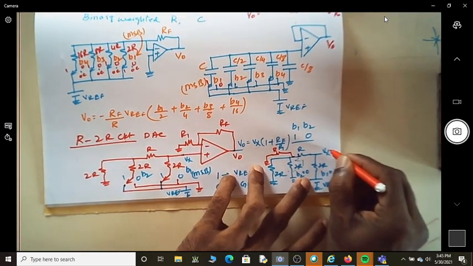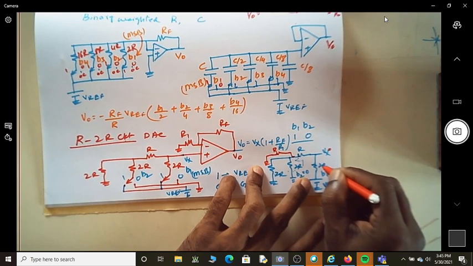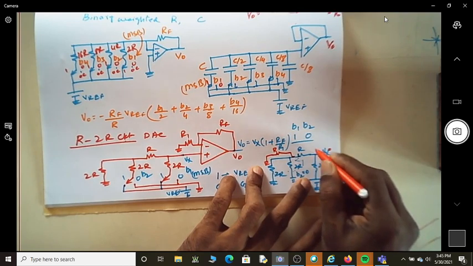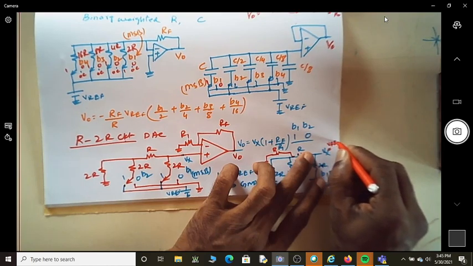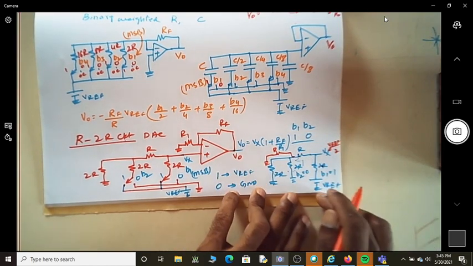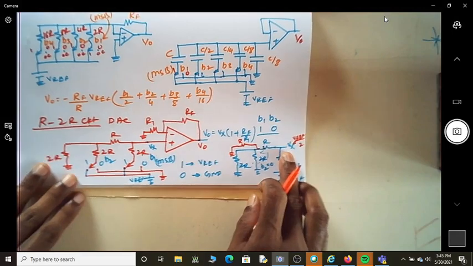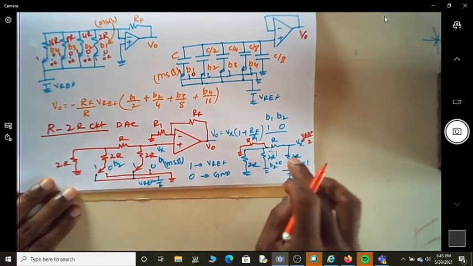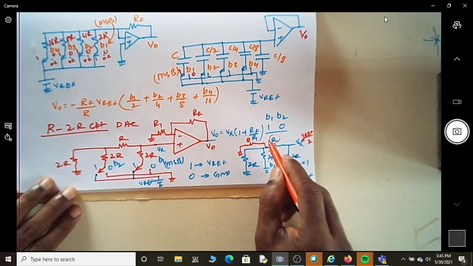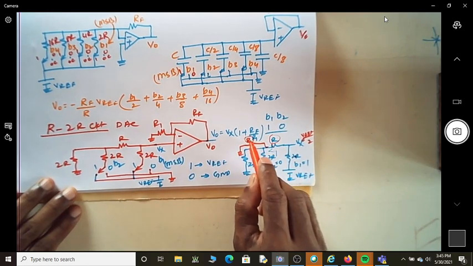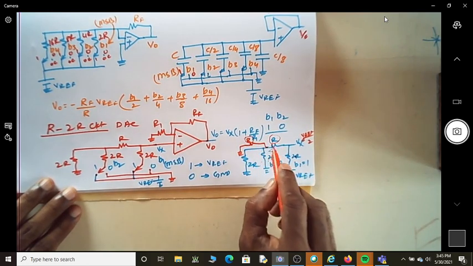So then Vx happens to be, because you have two resistances 2R and one more 2R which is grounded, V reference by 2. The voltage here, Vx, becomes half of the V reference voltage, because you have one 2R here and one more resistor R and another effective resistance R. They will in total become 2R.